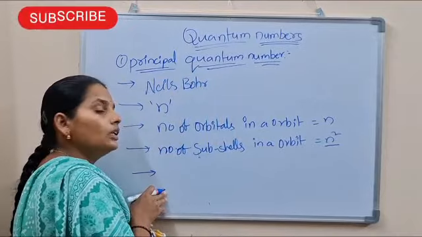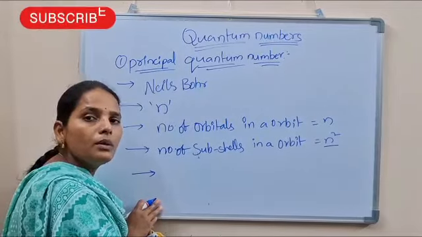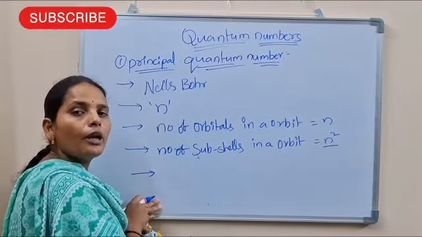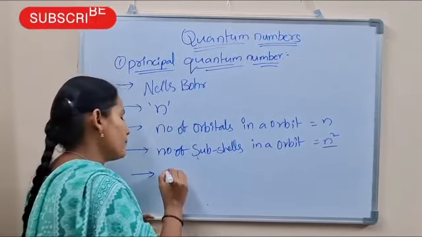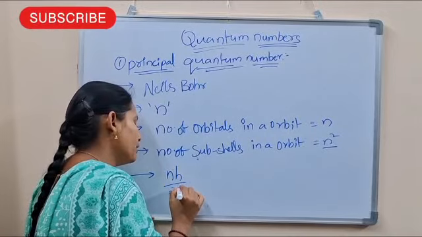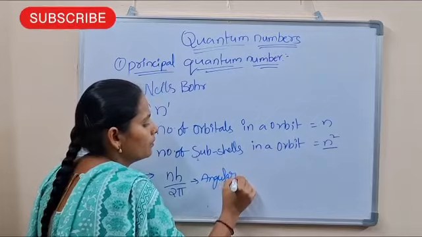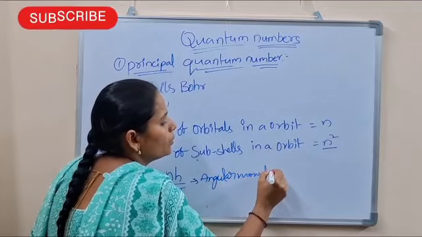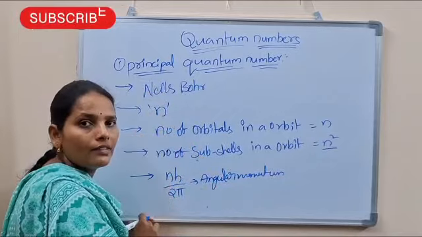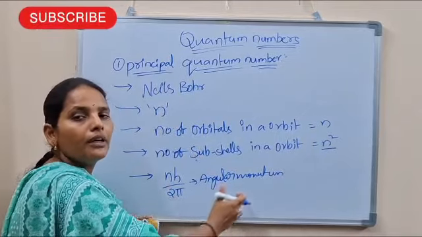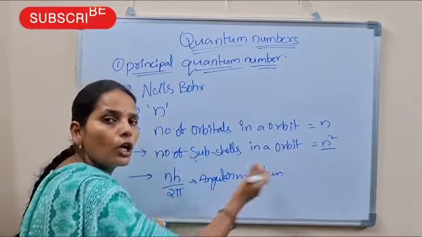Next, the angular momentum of the orbital is nh by 2 pi. This is the angular momentum of the electron present in the orbital.